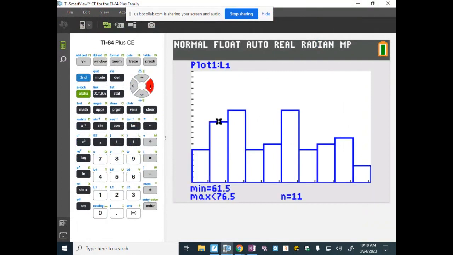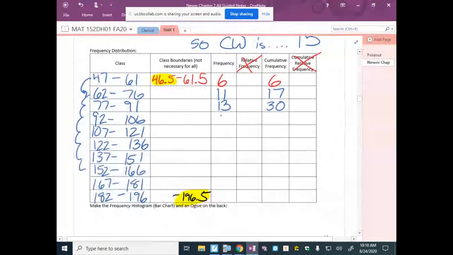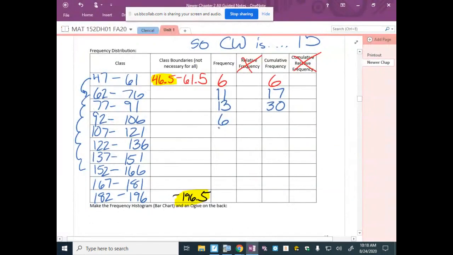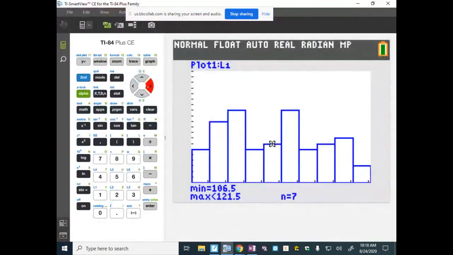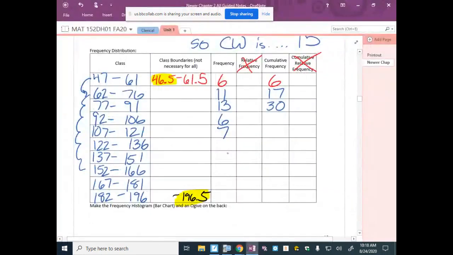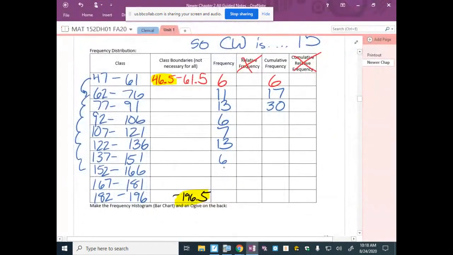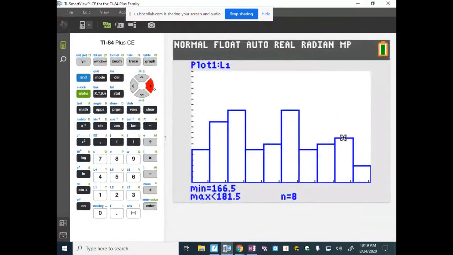So let's see. There were 6, 11, and 13. Then there's 6 again, 7, 13, 6, 7, and 8. If you do this on a test or a lab, do it this way.